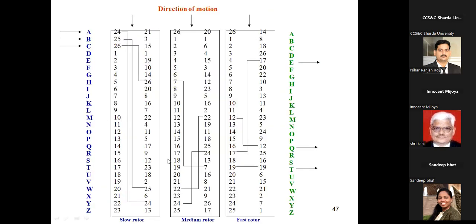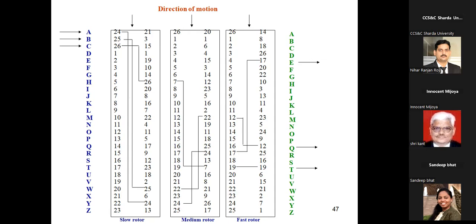Now you can see here, it is a 3-cylinder system. If you look at what is happening, my letter A, in the first cylinder it is showing 24. Where is it going after the shift? It is going again to 24. Here again, 24 goes to 24, then 24 is 17, and finally it has gone to 17. So I pressed A and got E as the output in the 3-cylinder movement.